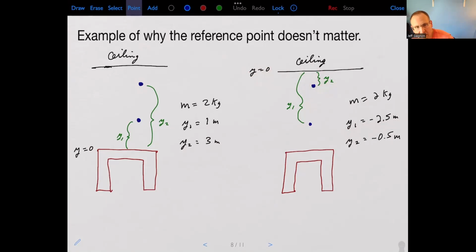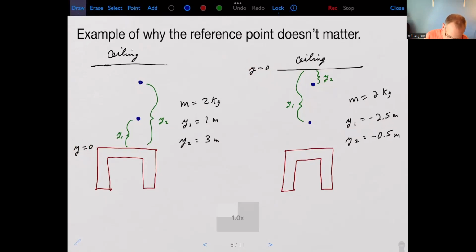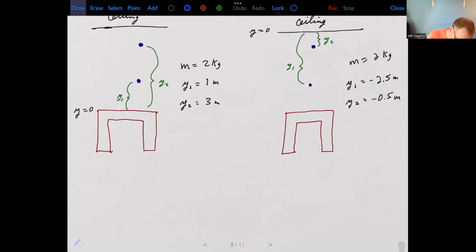Okay, so let me calculate the change in potential energy using both of them, and you'll see that you're going to get exactly the same value. So it doesn't matter if we use the lab bench as our reference point, as our 0, or the ceiling as our reference point, as the y equals 0. So again, in both cases, I want to find the change in gravitational potential energy.